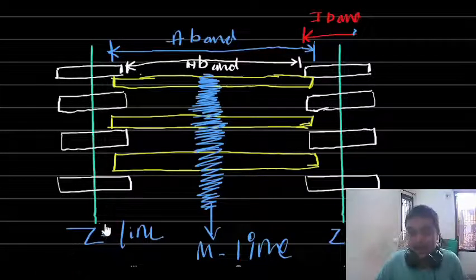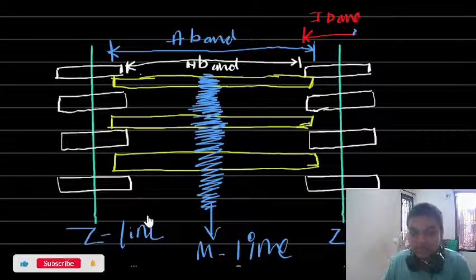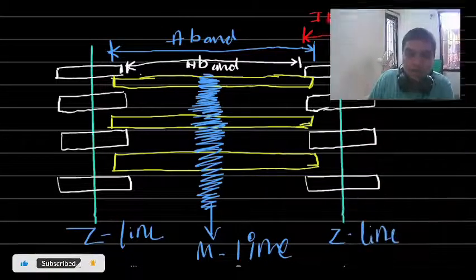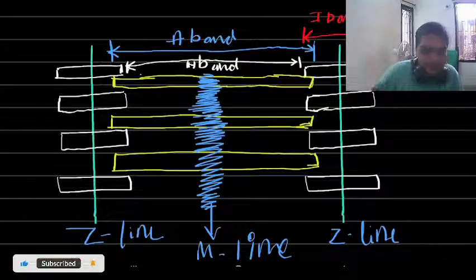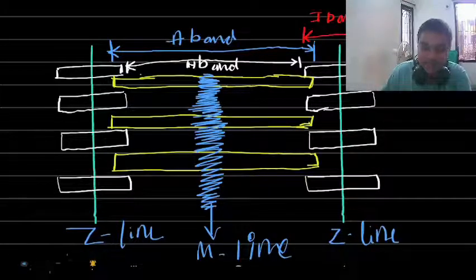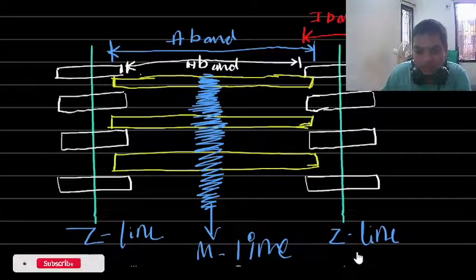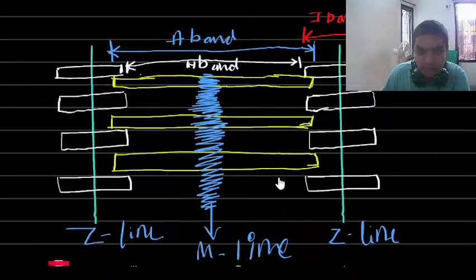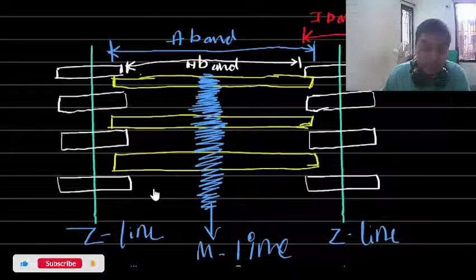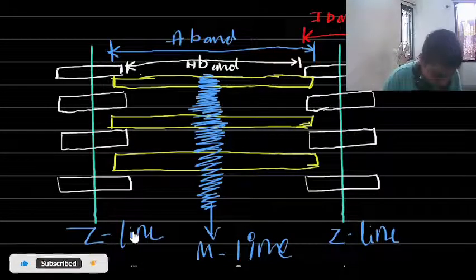This part which is enclosed by two Z lines, I will be calling Z. There are two Z lines which enclose the whole structure. This whole structure is called a sarcomere, and it is enclosed by two Z lines.